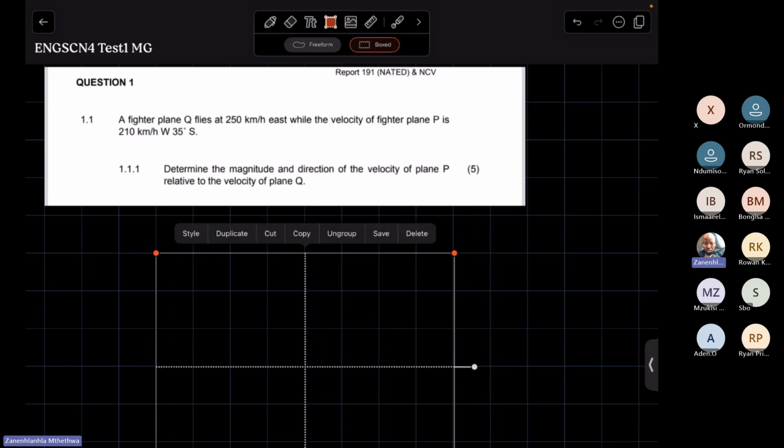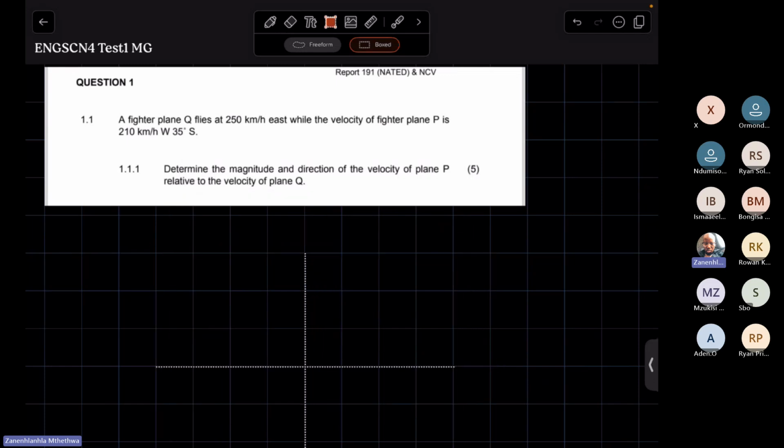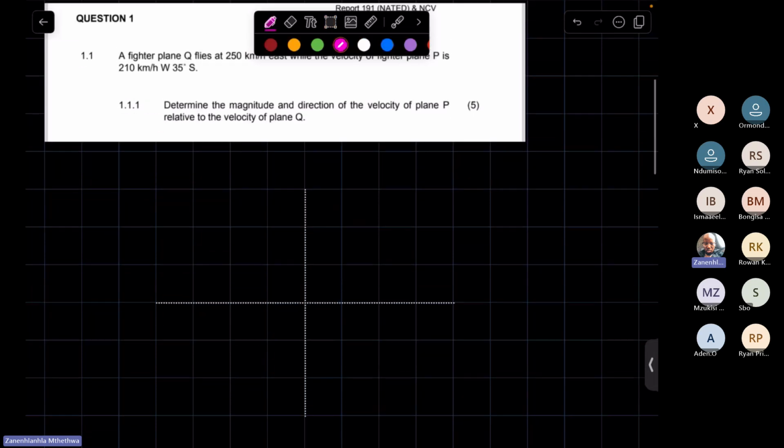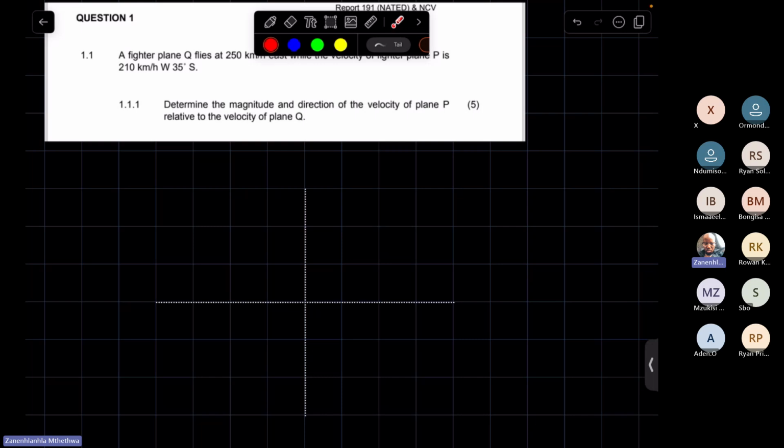Now let us draw our vectors on the Cartesian plane. We have P going west, 35 degrees south. So P is going west, 35 degrees south, so it is in the third quadrant. Right.